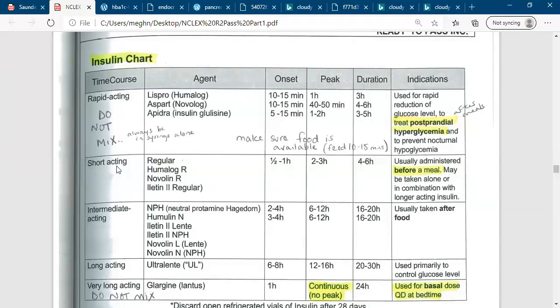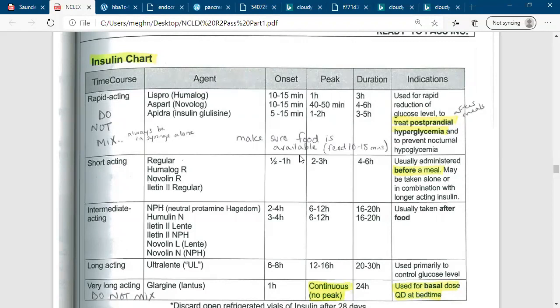Short-acting insulin, basically, we have to give 30 minutes before the food, 30 minutes before meal, right? So here is something important. Short-acting insulin sometimes is mixed or combined with a longer insulin as well, not only the intermediate insulin, but sometimes it is given combined with a long-acting insulin.